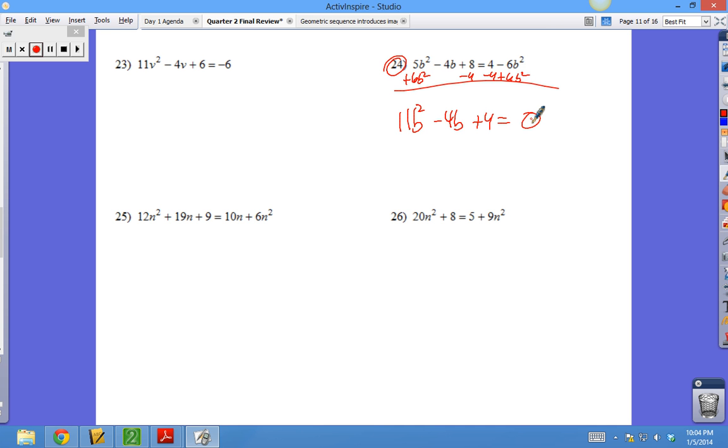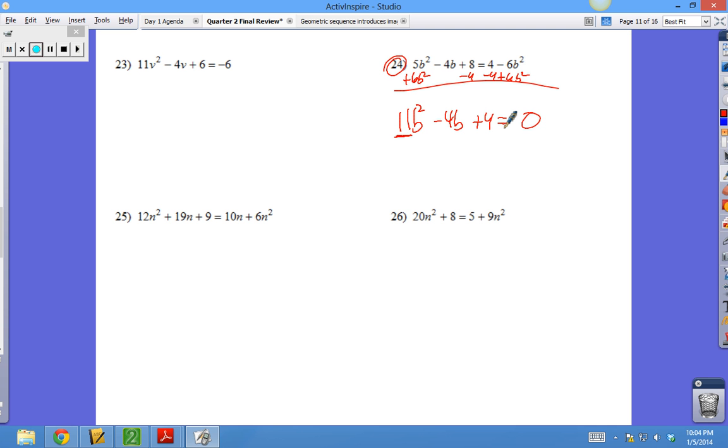Okay, this is an ugly problem because a is 11, and b and c, these three have nothing in common. So because of the ugliness of this problem, I'm just going to go straight to the quadratic formula.